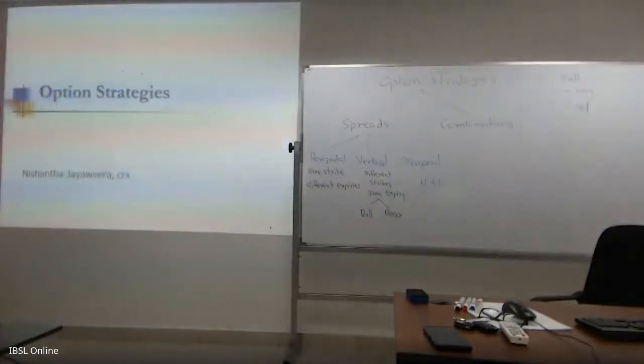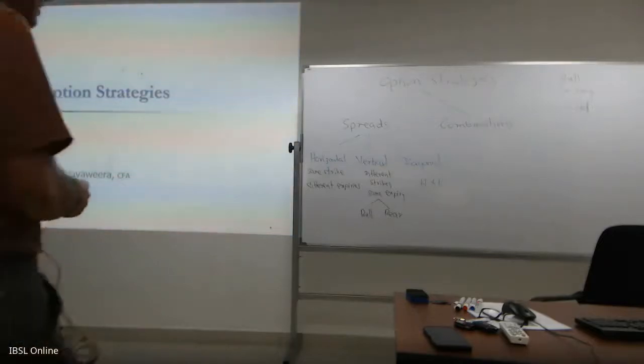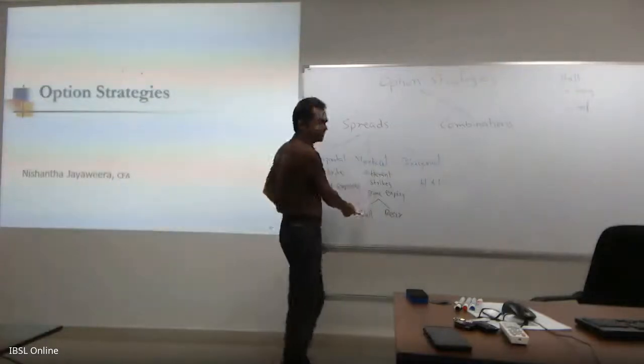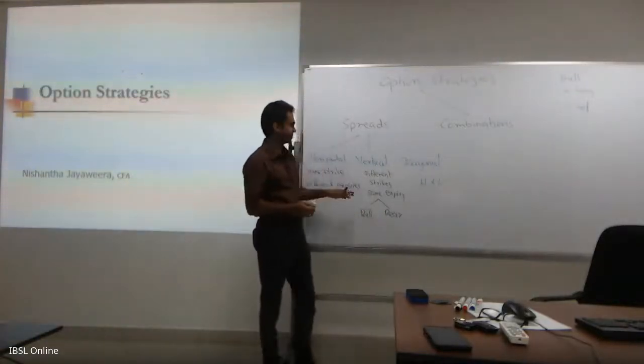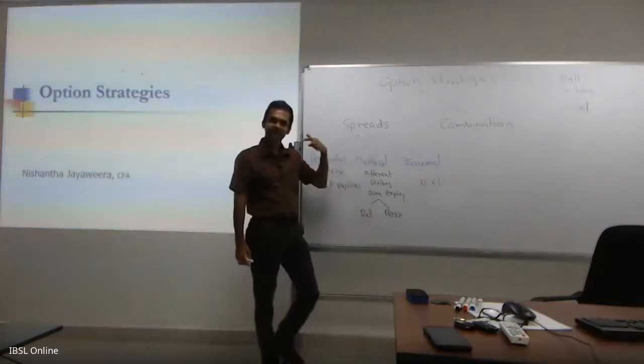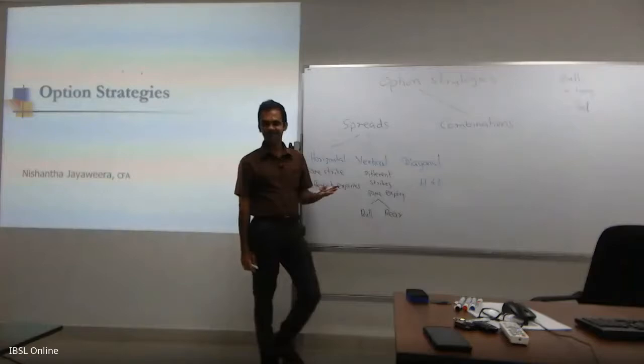In a spread, bull or bear spread, you buy one option and you sell the other. In a bull spread, what do you buy? What do you sell? Buy call option, sell. Go back to basic. This is a vertical. If it is a spread, if you buy a call, you sell a call.